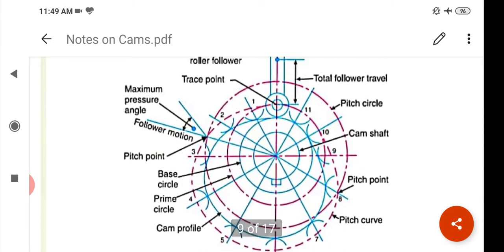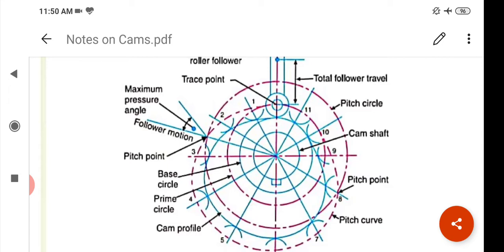So that is the difference between the pitch curve traced by the roller follower and the pitch curve traced by the knife edge follower. I'll just tell you once again. For the roller follower, the center or the trace point will lie slightly above the cam profile. Hence the pitch curve traced by the roller follower will be parallel to your cam profile.